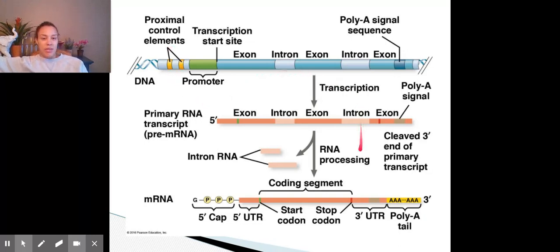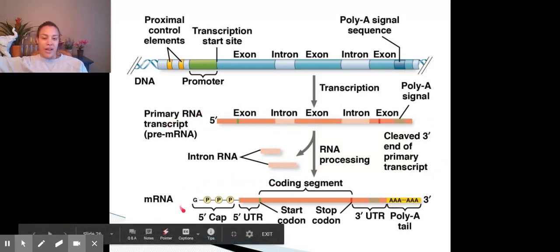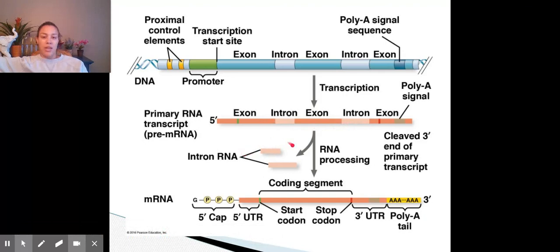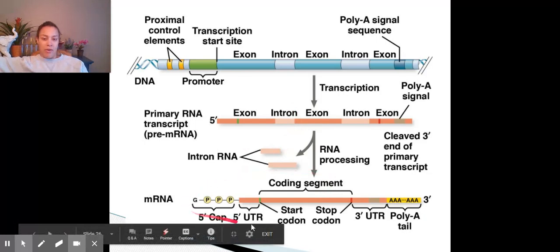The other step is that when RNA is processed, we have our pre-messenger RNA transcript versus our mature, final transcript. We know that exons are going to be linked together and introns are going to be snipped out. It depends on those intron sequences that are being snipped out, and that will lead to our final messenger RNA transcript.